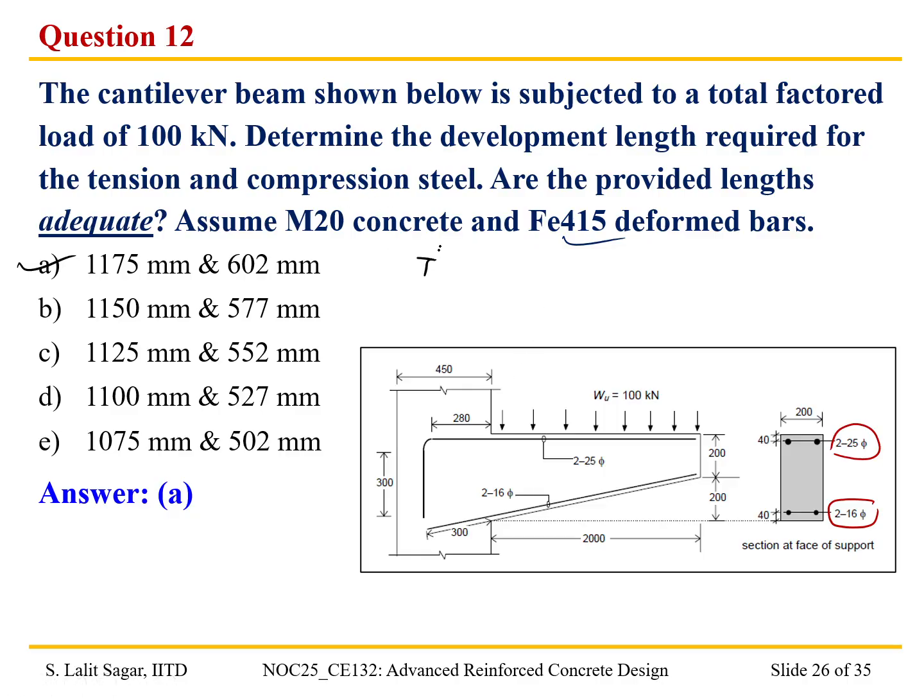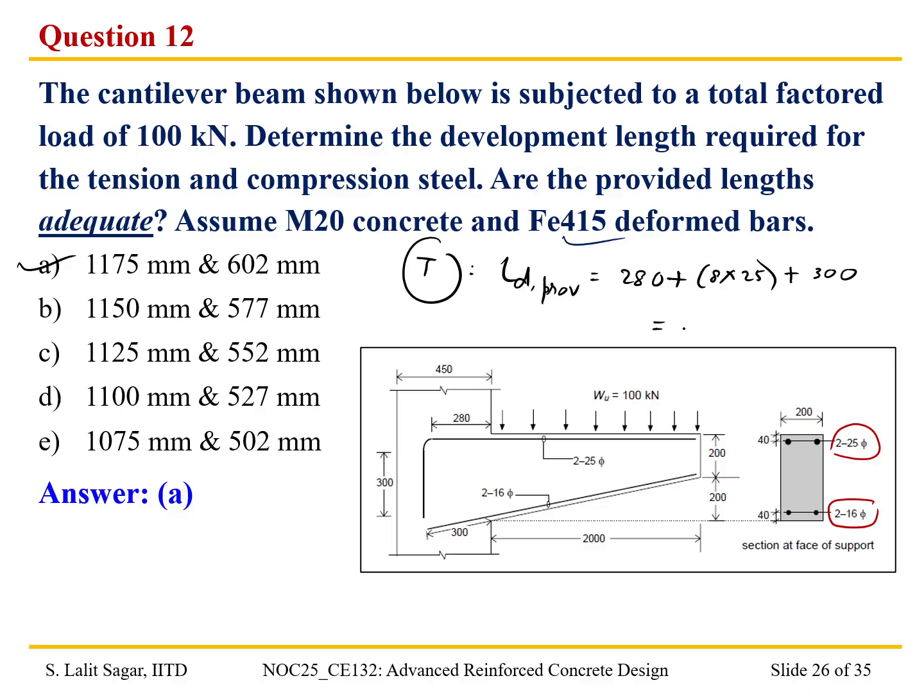LD provided in tension is equal to 280, plus we have this hook. This hook is 8 times the diameter. When we have a 90-degree hook, we consider 8 times the diameter plus another 300 mm which is embedded inside the column.